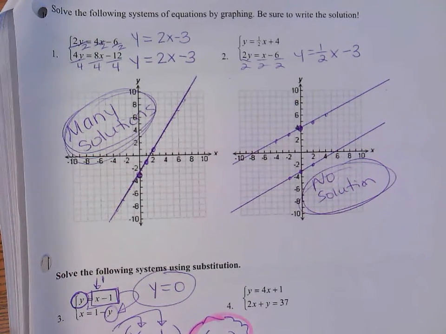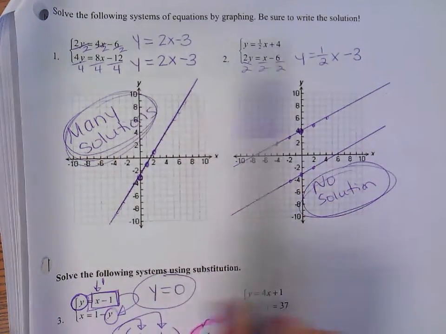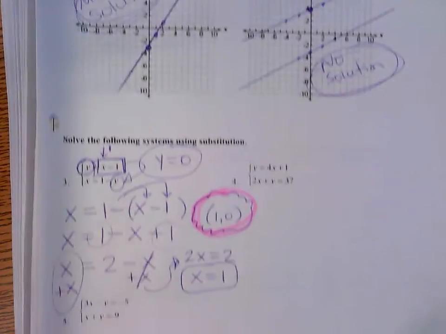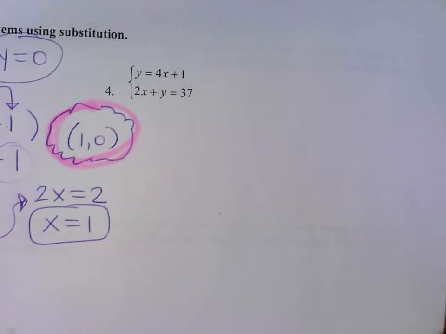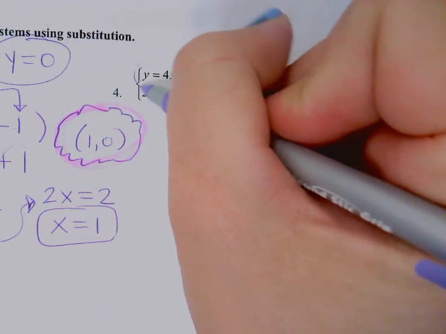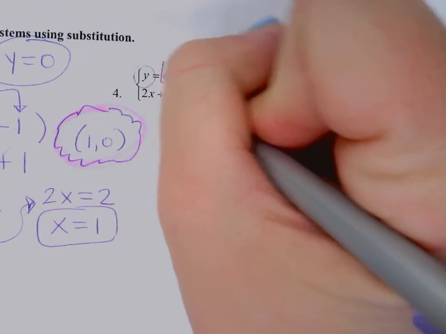Did we get those 2 for 2, hopefully? So those are pretty reasonable to convert to slope-intercept form, right? Not too crazy for algebra. All right, so down here, you're looking to get a variable by itself. I've got a variable by itself. My y in this equation is equal to 4x plus 1.